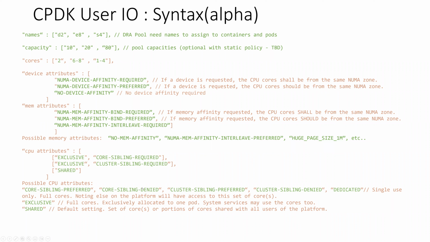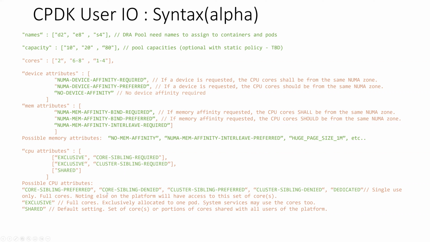Core siblings denied is interesting. This is basically, if your container requires just one core, just as an example, you block the whole sibling with that.